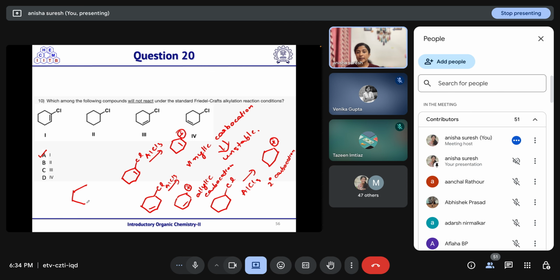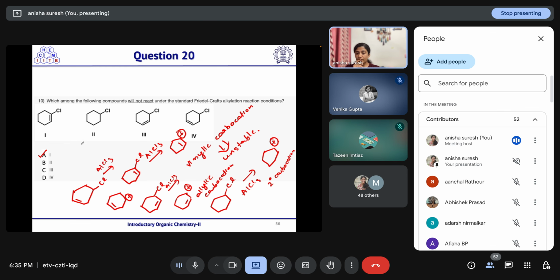One second, I have drawn it wrong. This is an allylic carbocation which is stable, and in this case, in the presence of AlCl3, it will form the secondary carbocation.